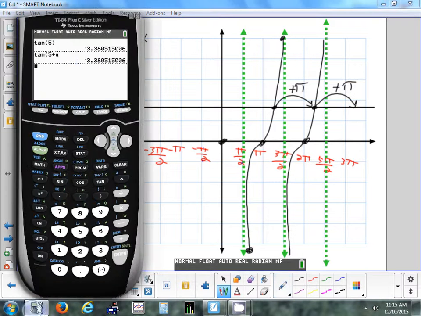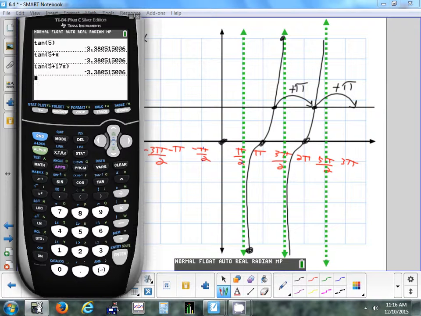But as long as you add or subtract multiples of pi, you're always going to get the same y value. It just keeps repeating all the way down the graph. So we'll take tangent of 5 plus 17 pi. What do you think I'll get? Same answer. I've just gone down 17 periods, but I'm at the same y value.